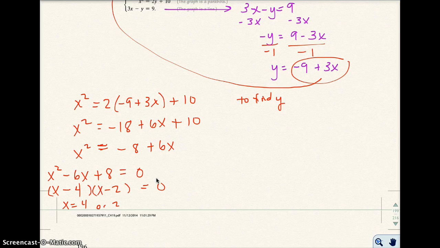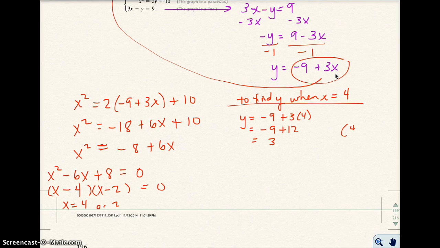We have two values for x. To find y when x equals 4, we can put this x value into either equation, but it's probably easiest to put it in this equation right here. So y equals negative 9 plus 3 times 4, which is negative 9 plus 12, which is 3. So I get the point 4, comma 3.